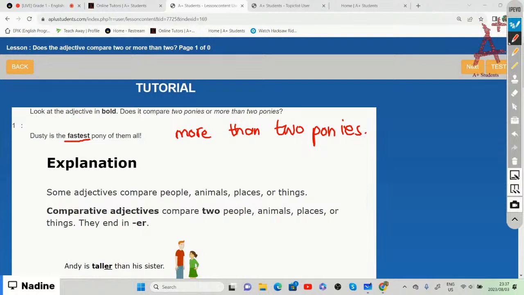So we are comparing more than two ponies. So if we compare more than two ponies, then this is a superlative adjective.